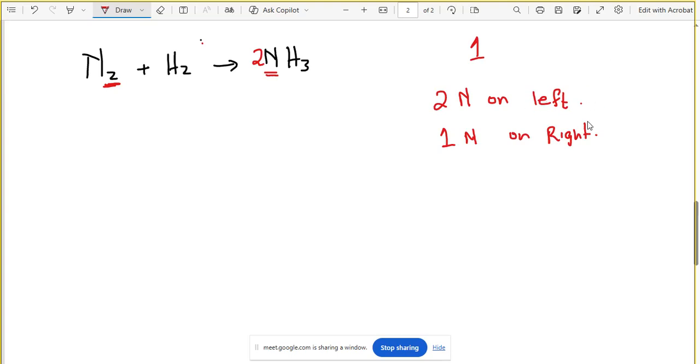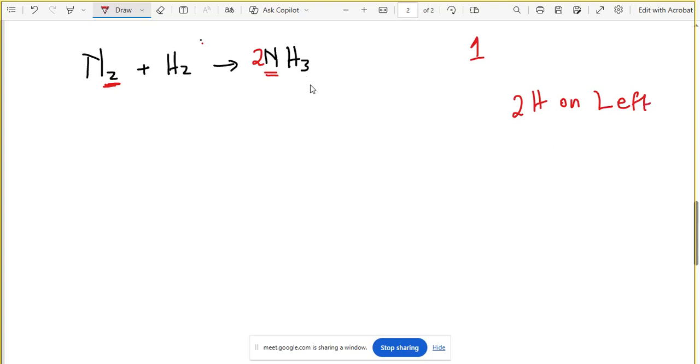What will be the hydrogen? So if you look at the hydrogen on the reactants, how many do we have? There's only one, right? I'm sorry, there's two. Yes, there's two H on the left, and look at the right.